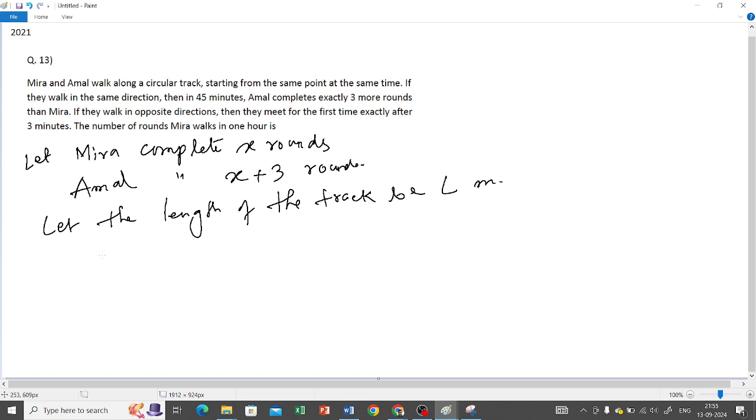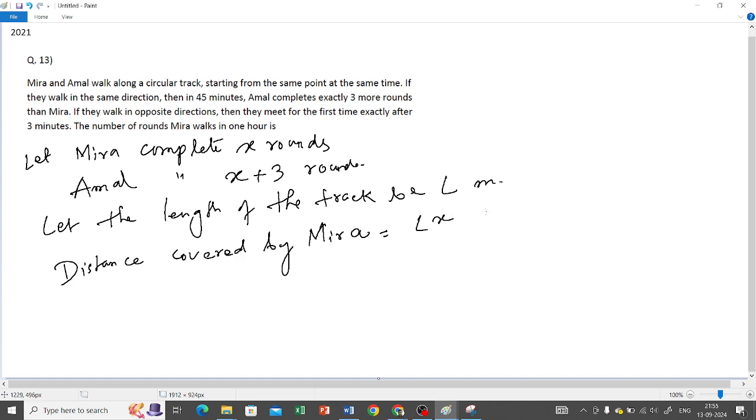So what is the distance covered by Meera?